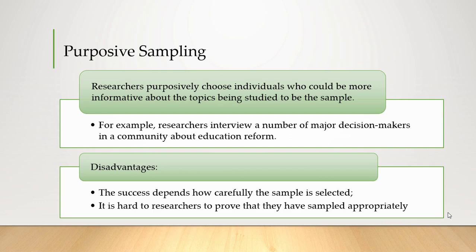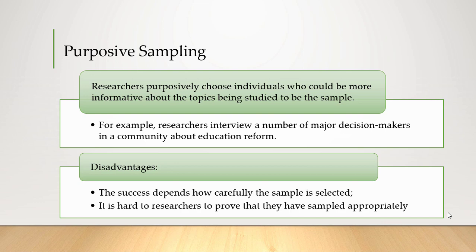The last non-probability sampling procedure we're going to discuss is called the purposive sample. Researchers purposefully choose respondents whom they believe could be more informative about the topics they're interested in to be part of their sample.